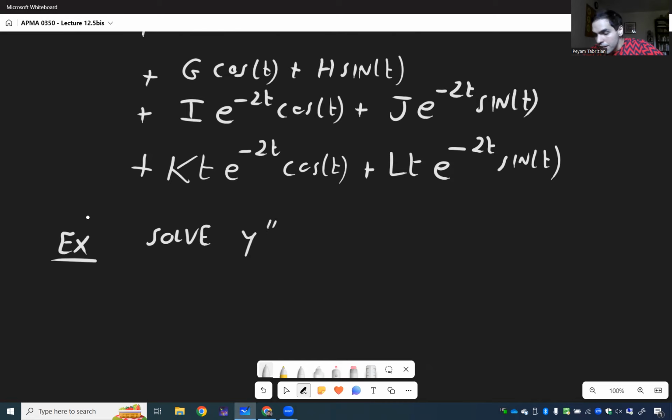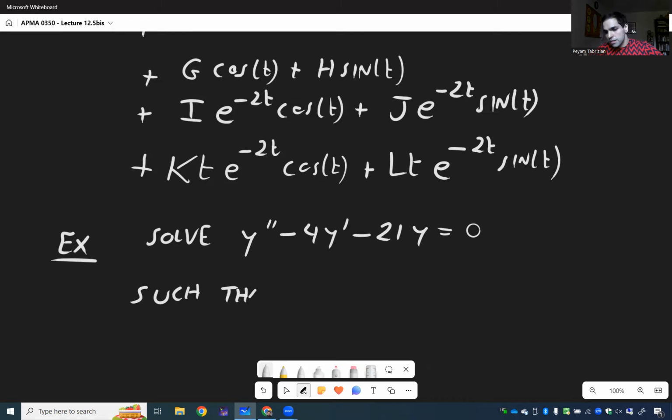y double prime minus 4y prime minus 21y equals 0, but with the additional assumption that as t goes to infinity, your solution goes to 0.